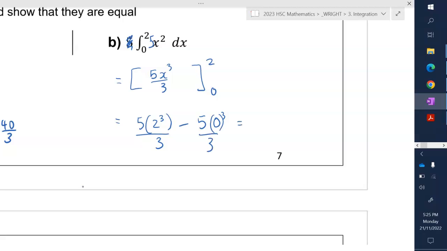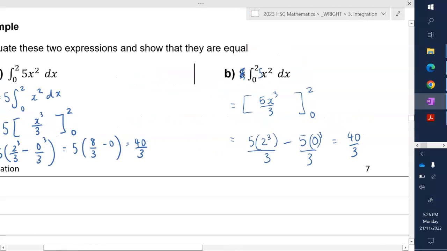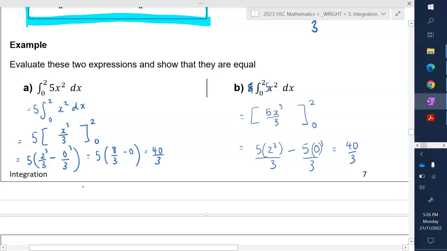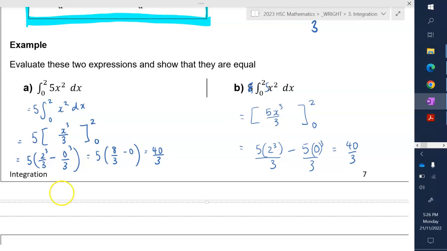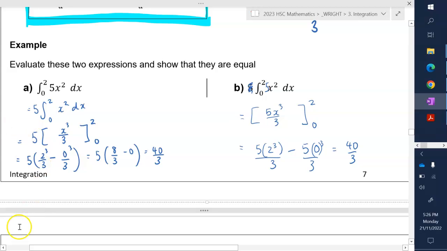So what that means is we've got 2 to the power of 3, which is 8, 5 eights are 40 over 3, take away 0, which is 40 over 3. So what you can see there is whether or not I bring my 5 out the front like this or I leave my 5 in there, we're going to have the same answer. This way is probably a lot easier because the 5's dealt with right at the end. Well, here we've had to do the 5 twice. Not too much of a difference, but you might find down the track that it is a little bit easier pulling the factor of 5 out the front.